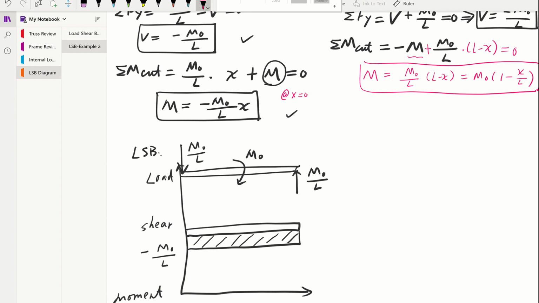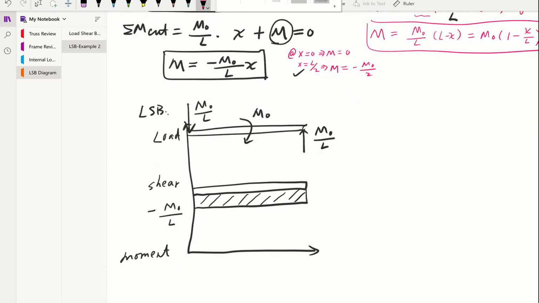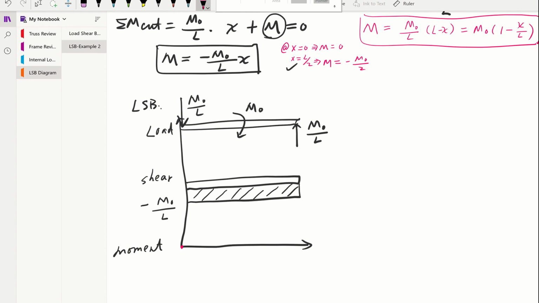So beginning point is 0 and end point is L over 2. And when we plug it in, our M is going to be equal to 0 for x equal to 0. And when x equals L over 2, that gives us negative m naught over 2. So that will define the beginning point as 0, the final point as negative m naught over 2.